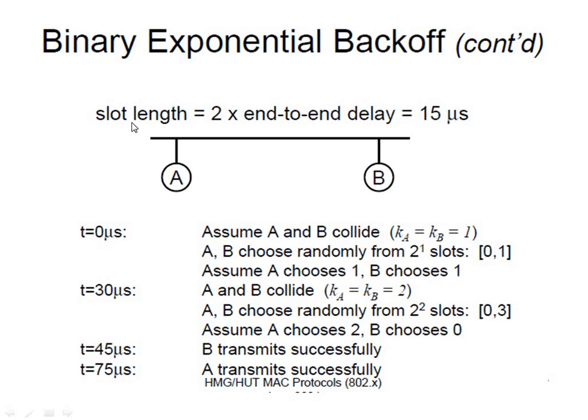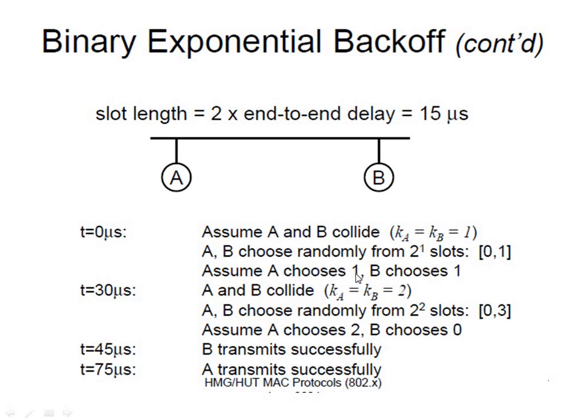In exponential backoff, when A is sending the data to B and the collision occurs, A assumes that A and B have collided, so KA and KB are equal to 1. Now they will choose a random time slot, and since initially it started with 1, they will wait for 2 raised to 1 slots.